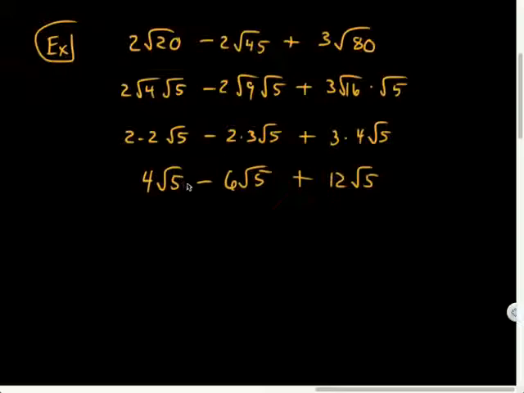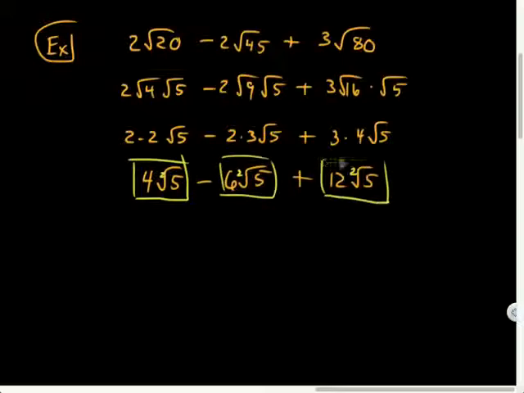So, okay, so these are like terms because, ready? They've got the same indexes, indices, I don't know, and the same radicands. Those are all 5s, right? So, let's combine them. I've got 4 apple pies minus 6 apple pies plus 12 apple pies.